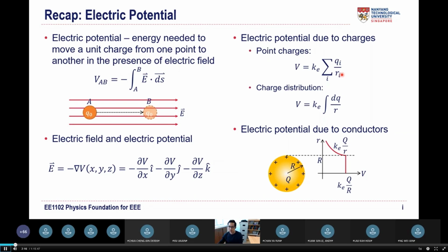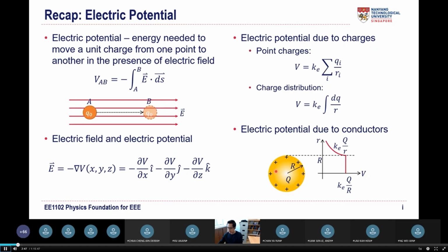If you now have multiple point charges, then you have to add contributions from multiple point charges to that point. And if you have a continuous charge distribution, you of course have to take an integral. But remember, this is not a vector sum. This is an arithmetic sum. So calculation-wise, it will be simpler than trying to do a vector sum.